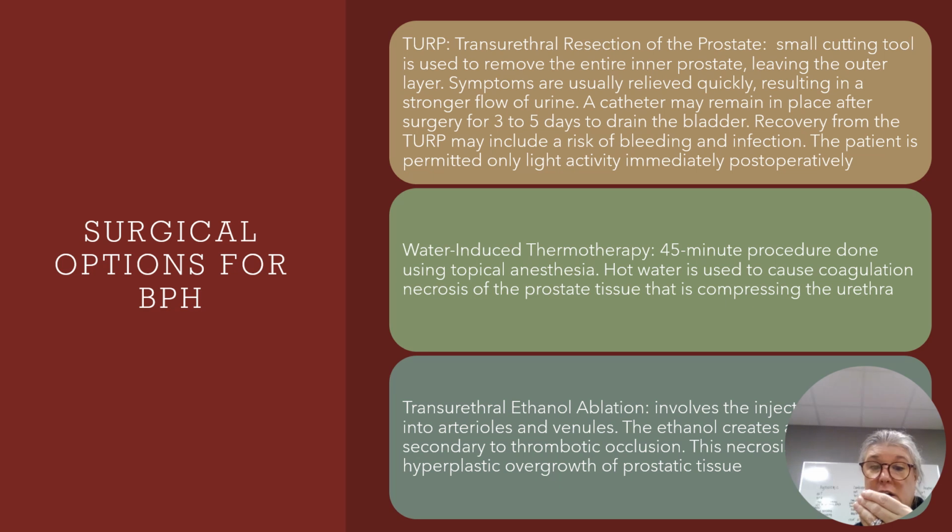squashing it, right? So then transurethral ethanol ablation of the prostate involves injection of ethanol into arterioles, so tiny arteries, and venules, and the ethanol creates a necrotic area secondary to thrombotic occlusion. So this necrosis stops the hyperplastic overgrowth of prostatic tissue.